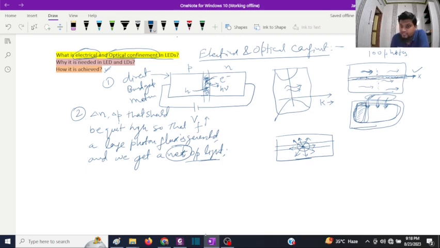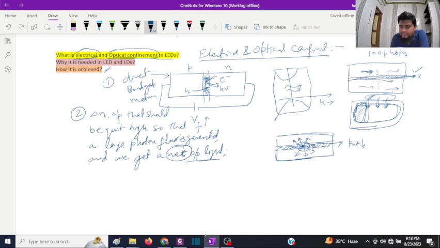If it goes to the other side, then of course it will get absorbed, because there is a large region over here, and the efficiency that you get out will be very small. That is why it is very important that all this light should be confined only in a particular region, so that you get sufficient output.